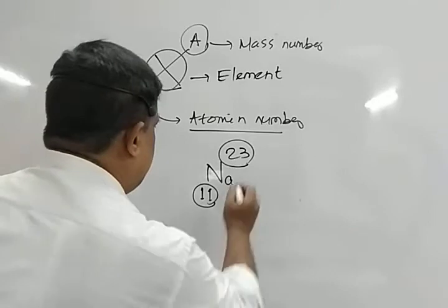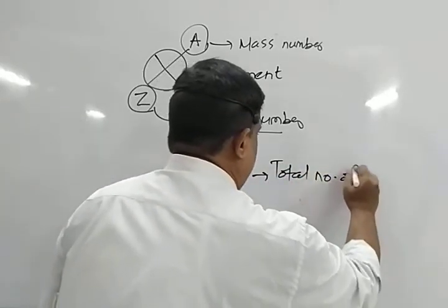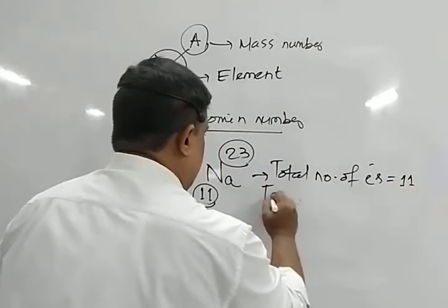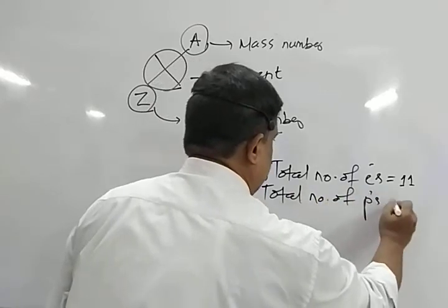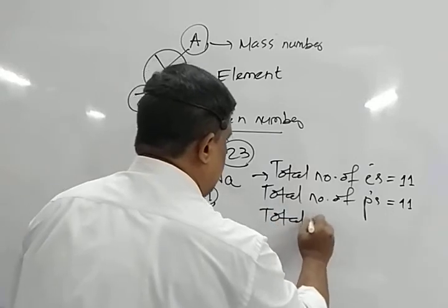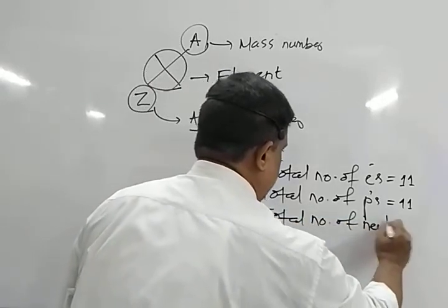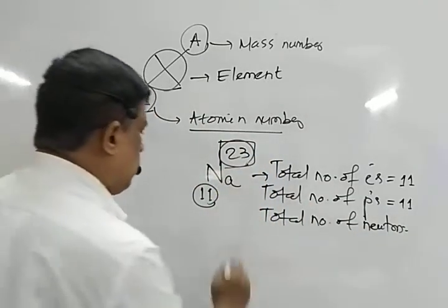Mark that. From this it is clear that total number of electrons is equal to 11, total number of protons is equal to 11, and total number of neutrons, we know that the mass number is proton plus neutron.